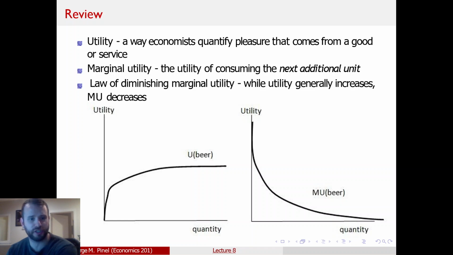So it's just the utility you get from the second unit only, not the first and second unit combined. And typically when you consume more of a good, the marginal utility is going to drop.